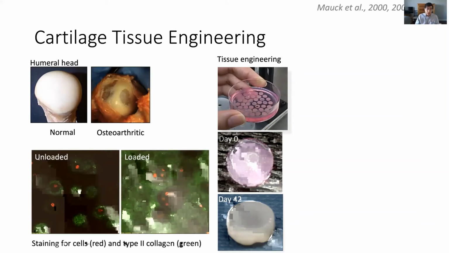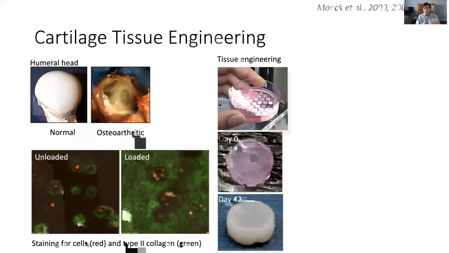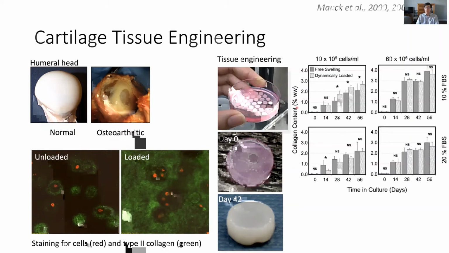When you do histology, you can stain for the cells, which appear in red, and this little cloud that you see around it is the collagen matrix that was formed by the cells. In the beginning, the collagen comes out from the cell and deposits in the neighborhood, but over time, it fills all the space. Microscopically, the collagen is too small to see, but you can see this opaqueness here.